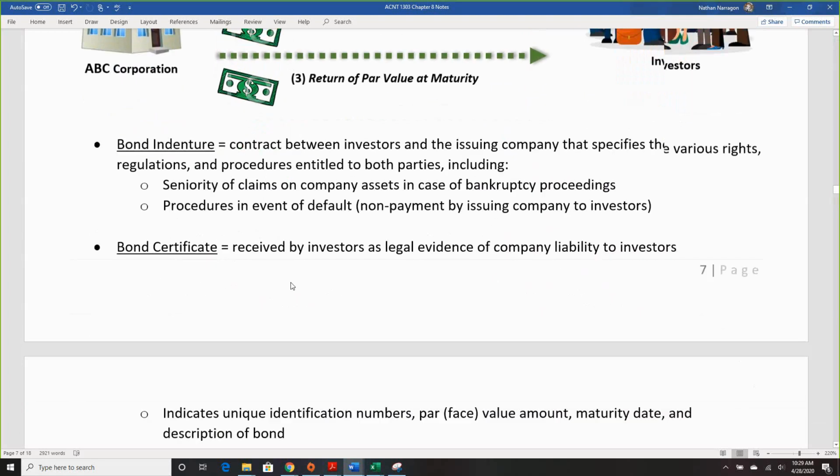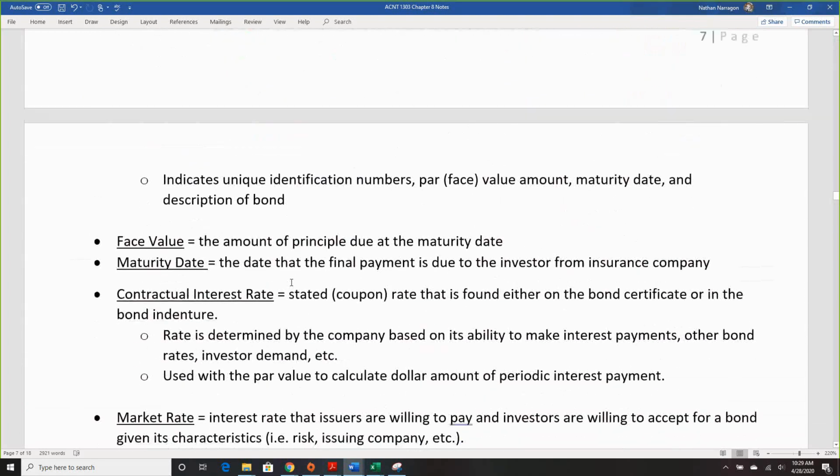But with these bond certificates, they're going to show multiple items. Again, they're going to show the face value, the amount of principal that's due, the maturity date, the due date of the bond, and usually bonds are like almost, could be 5 years to almost 15, 20 years. Again, a long-term investment for our investors.